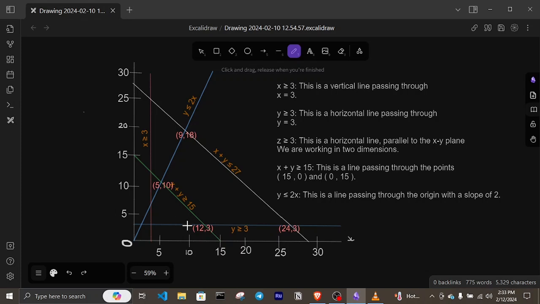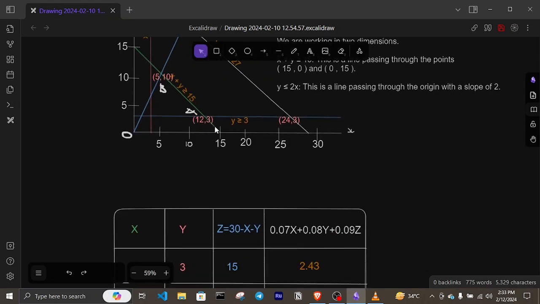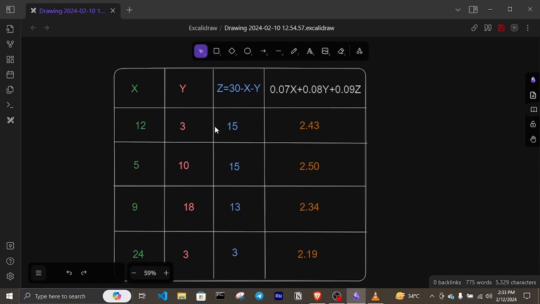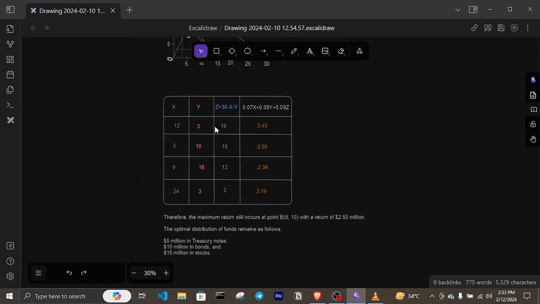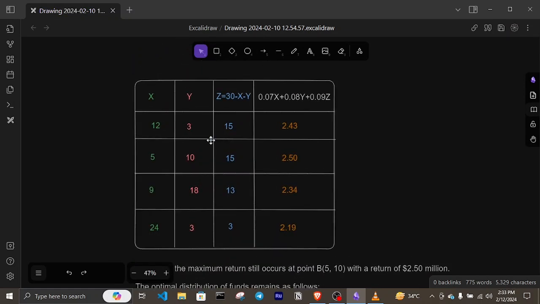If we put it inside our objective function, which of these corner points will give us the maximum output out of our investment? So I drew out a very nice table down here with the values inside: x, y, z, and then our objective function. So if you have x and y and then z, we have our objective function over here. We have all of them and their corresponding values.